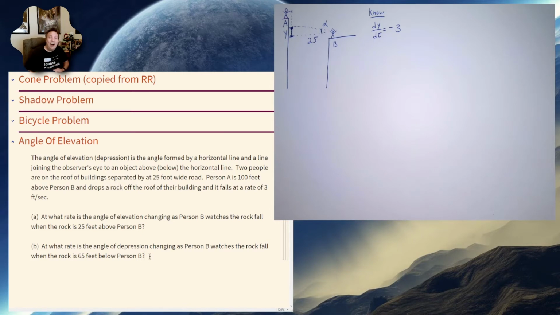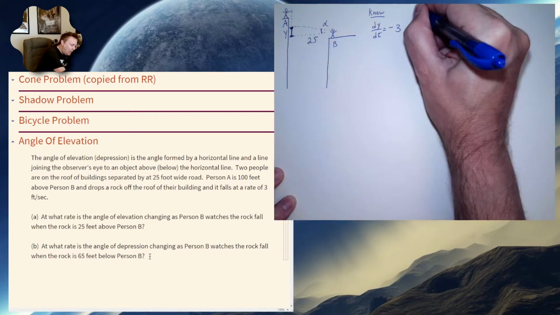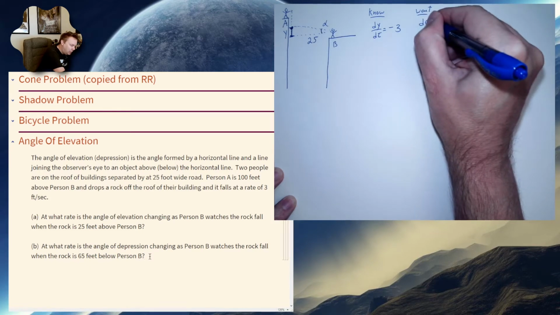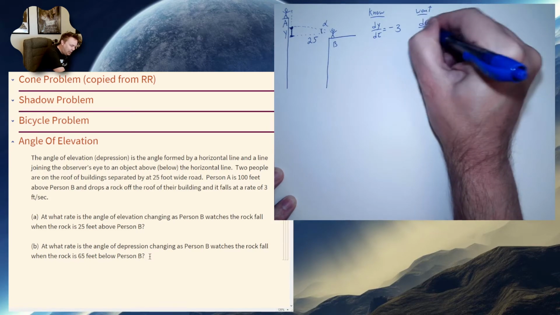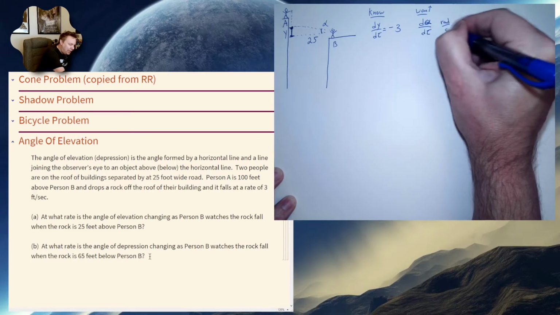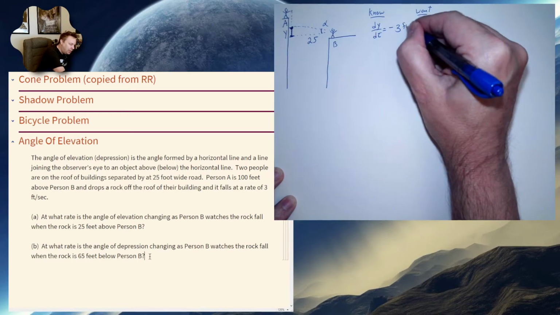I'm choosing a constant rate of fall of 3 feet per second to make the calculations a little more simple. And what we want in this problem is d alpha/dt. This is going to be measured in radians per second, and this one is in feet per second.